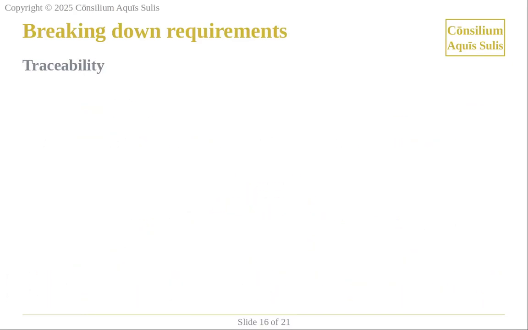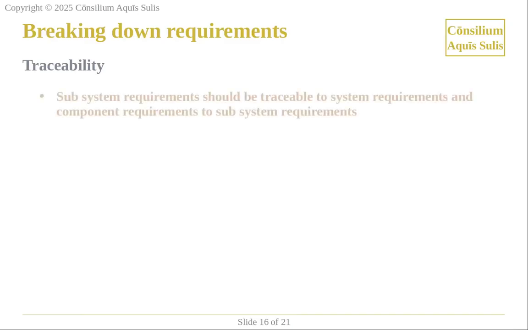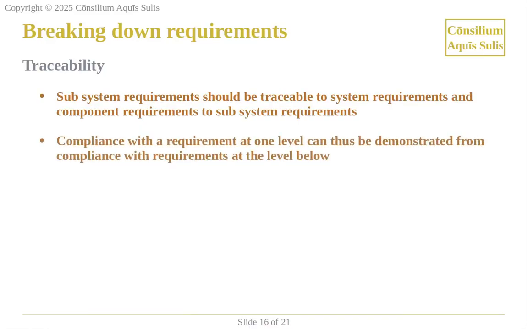Subsystem requirements should be traceable to system requirements and component requirements to subsystem requirements. Compliance with a requirement at one level can thus be demonstrated from compliance with requirements at the level below.